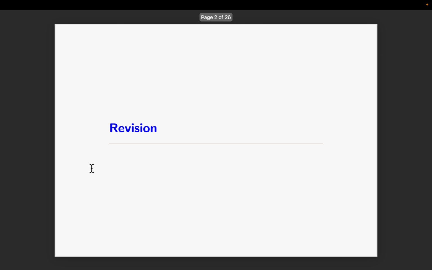So assuming you didn't have a look at the screen, can you make the contour plot for z equal to x square plus y square in your notebook?